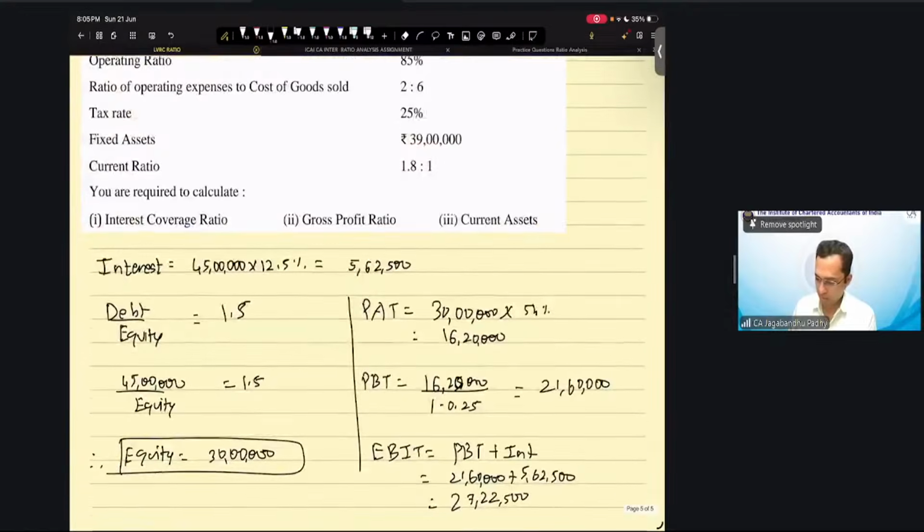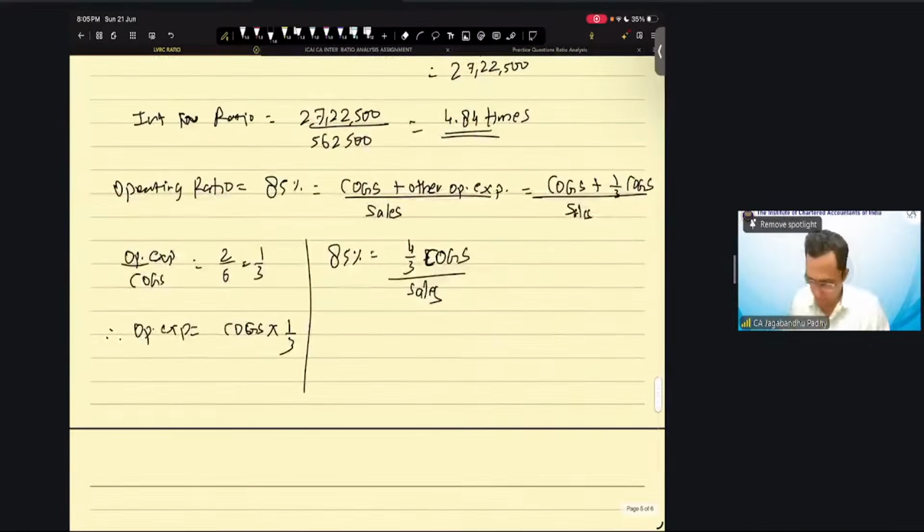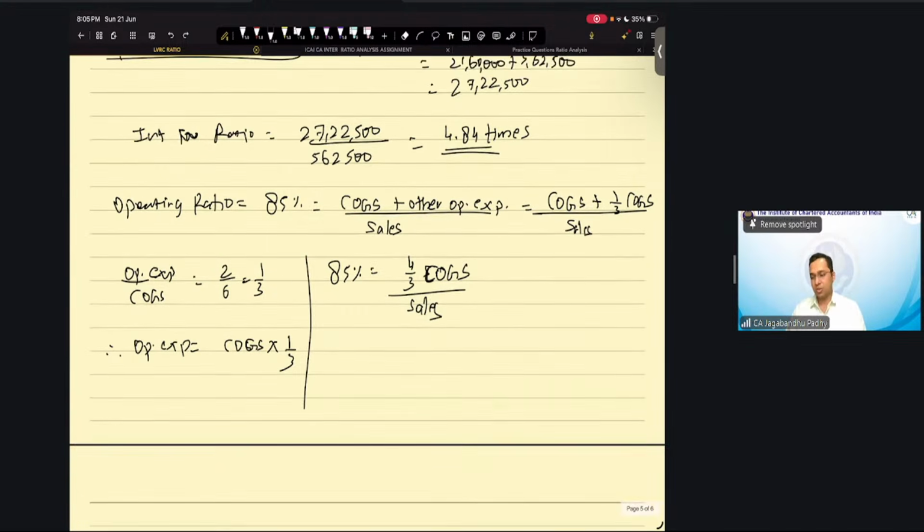Now, how do we really get the other part? Since your operating ratio is 85%, which means 4/3 times COGS by sales is 85%. But this way, you can't actually get the value of COGS, because what we want is the COGS number.